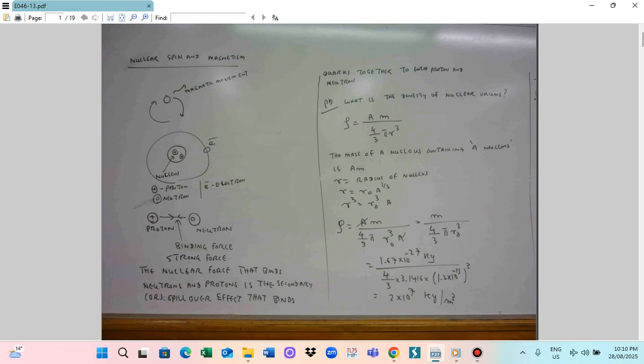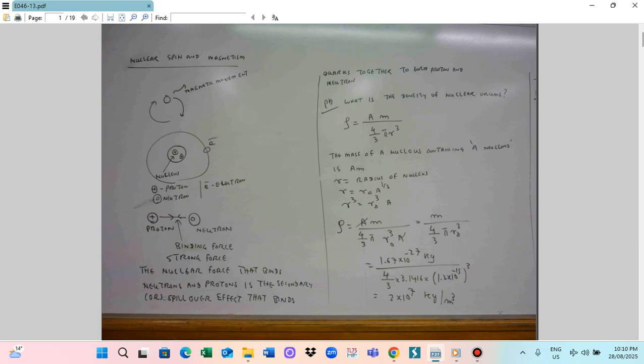The positive one is a proton and zero is a neutron. Those neutrons and protons are surrounded by the electron. The E is an electron. The positive proton and the neutron are surrounded by the negative electron.